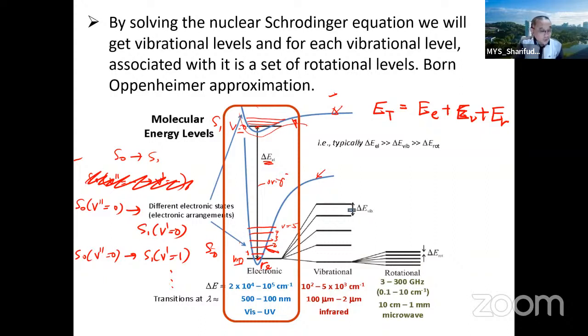So all the series are actually electronic transitions, but involve different vibrational levels in the excited state. That's because the vibrational levels exist within the profile of the electronic state. Now, for each vibrational level there are rotational levels, many rotational levels here, and there. But we're not going to talk about rotation. We'll just talk about vibration and electronic.